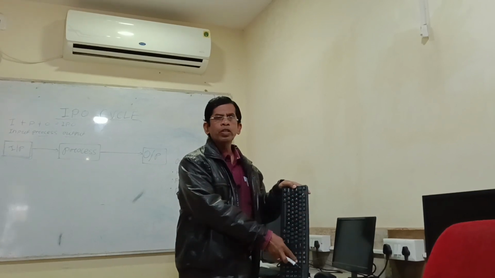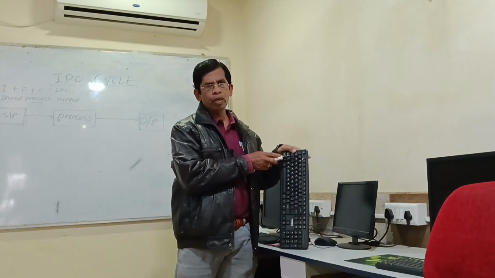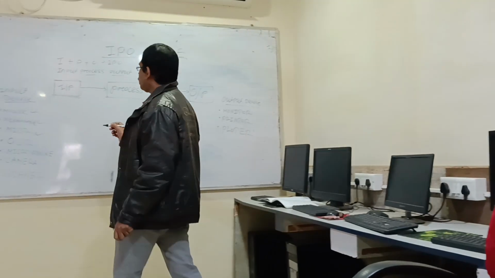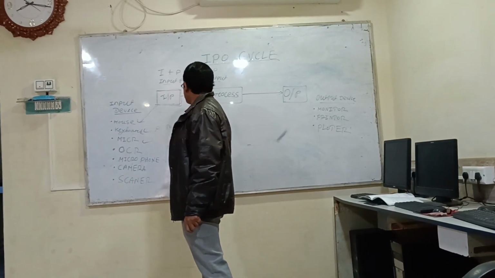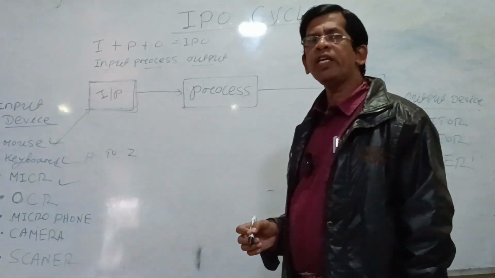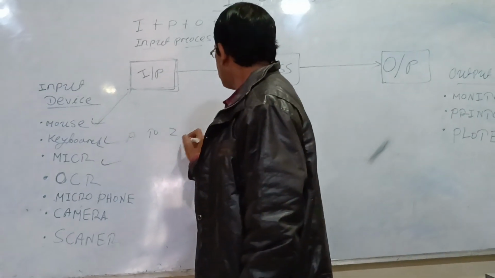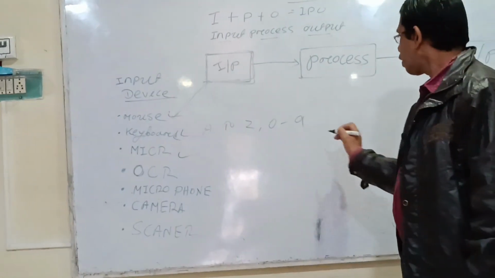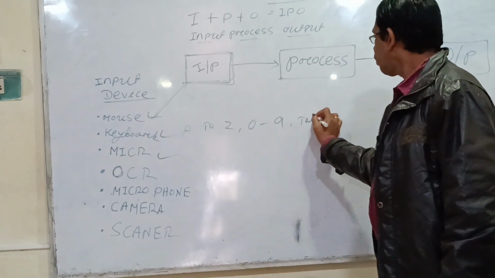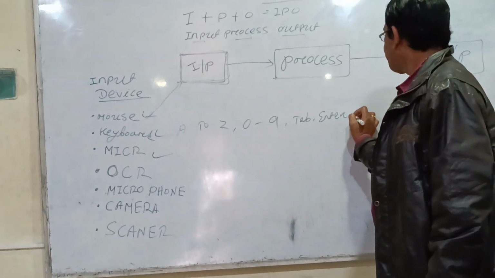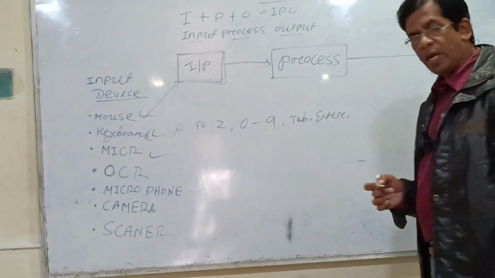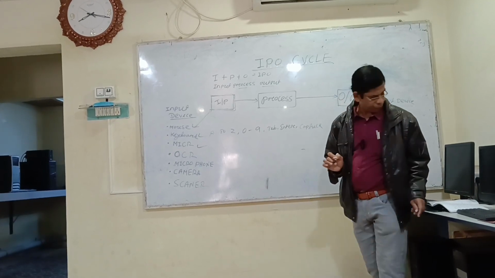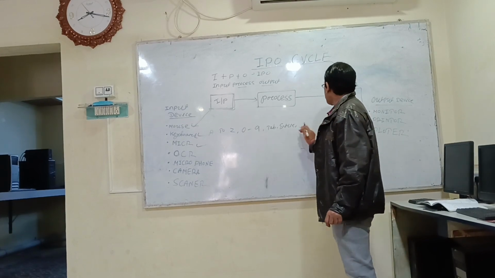There are so many keys on the keyboard, such as alphabet keys A to Z, number keys 0 to 9, and some special keys such as the tab key, enter key, and caps lock key.